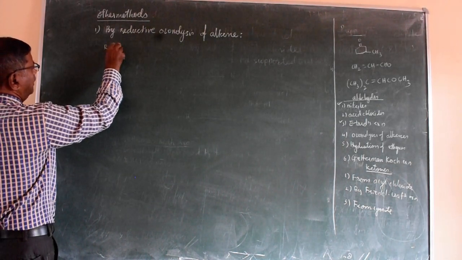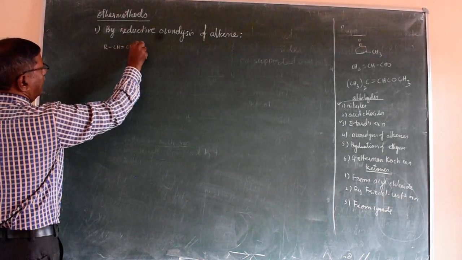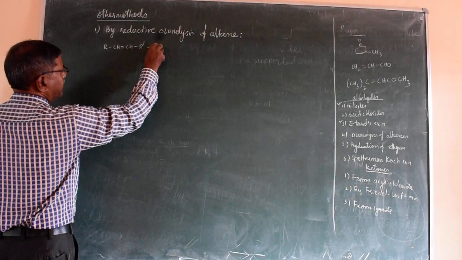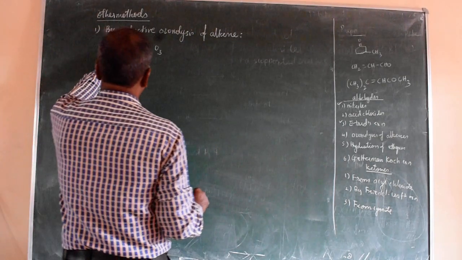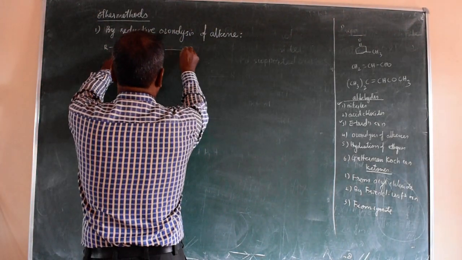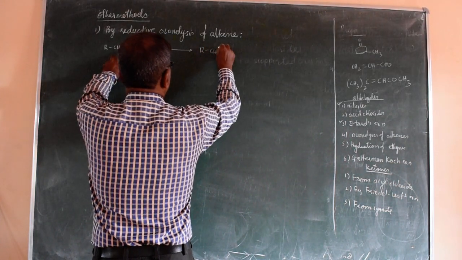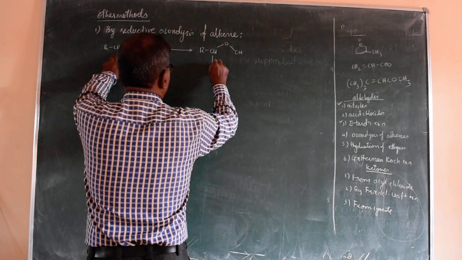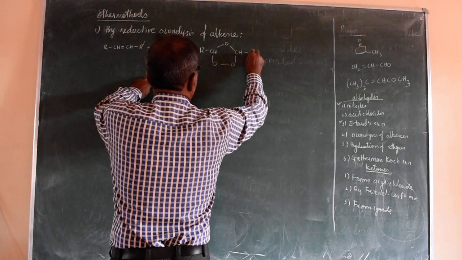So it's RCH=CHR' plus ozone O3. Well, here the double bond gets converted into ozonide. This is RCH, then we have O, CH, then oxygen and R'.